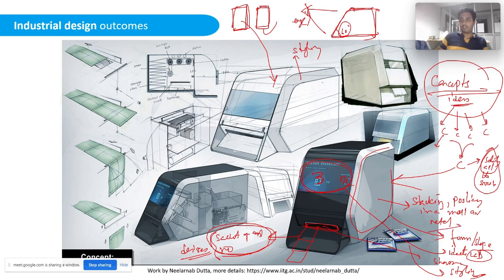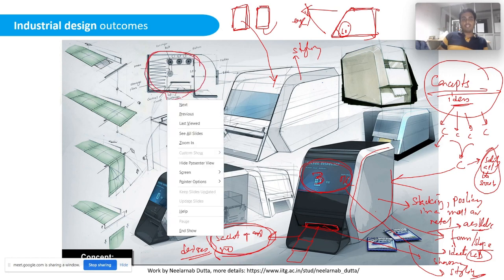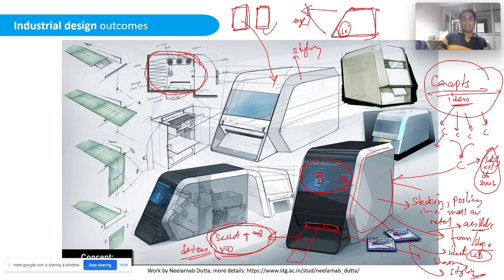So aesthetics is one of the things that they take care of. And apart from that, they can also think about simple ideas of how this can be implemented. And this is not something very complicated. This is what an industrial designer can actually think about.